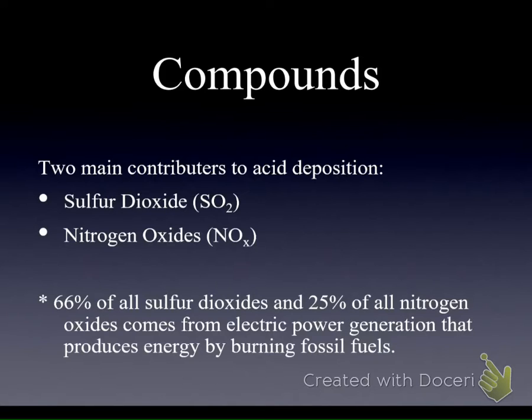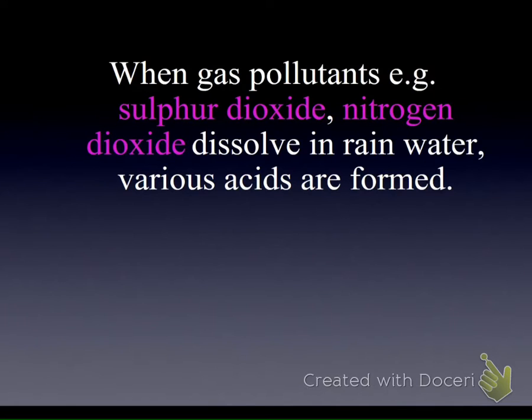Now, when I first started teaching this class 20 years ago, 60 to 65% of all electricity was from coal. We're down much, much lower, which means hopefully the acidity, well, I know the acidity is much less. We'll be seeing evidence of that at the very end of this slide presentation.